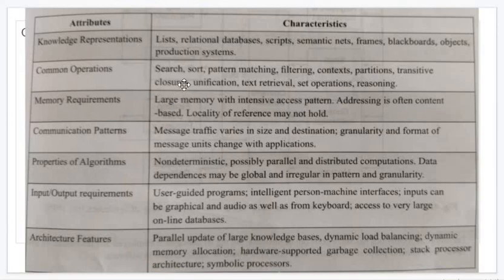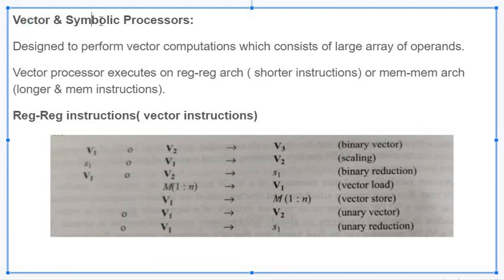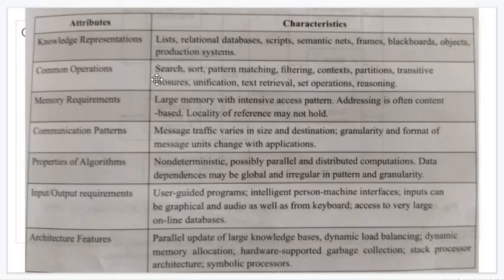So the last one, characteristics of symbolic processing. See here, what we have studied is the vector processor. Now the symbolic processor, please remember, is about knowledge representation. How to represent that? This is simple, recall your DA and DS. That's why I have kept the table directly using list, relational database, script.